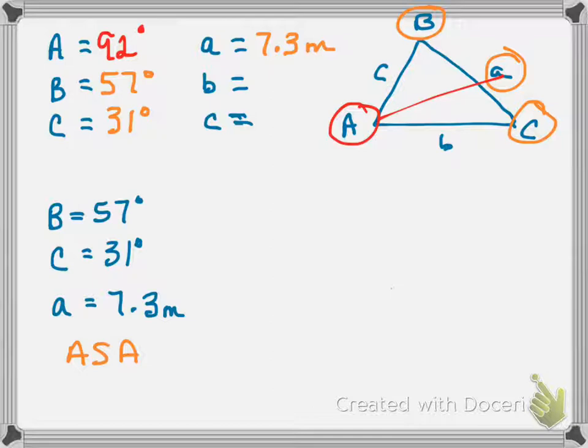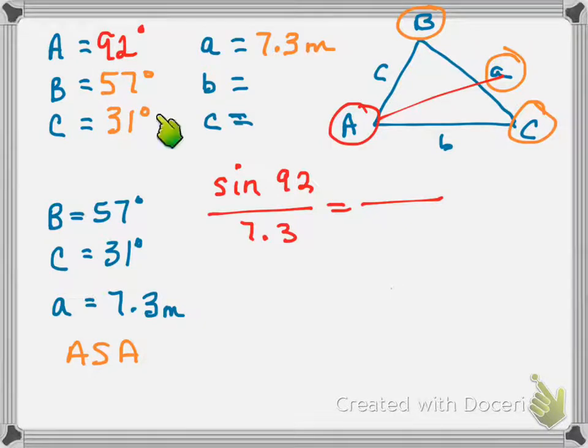And if I have a pair, that means I can use law of sines. So the pair that I have is sine of A, which is 92 degrees, over side length A, which is 7.3. Now I can use the same ratio with either B's or C's. So I know both of these angles. It doesn't really matter which one you pick.